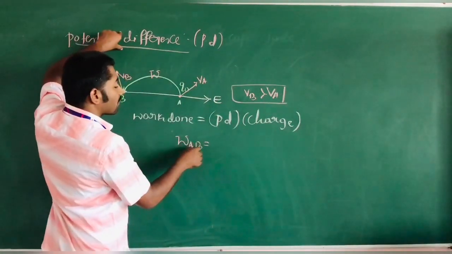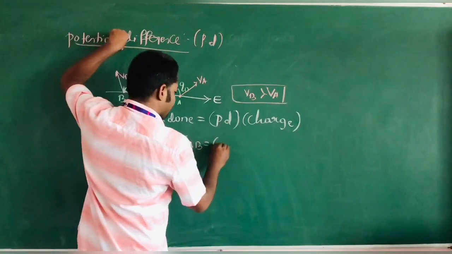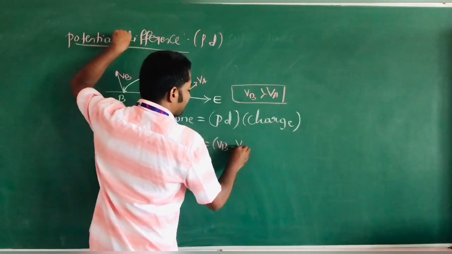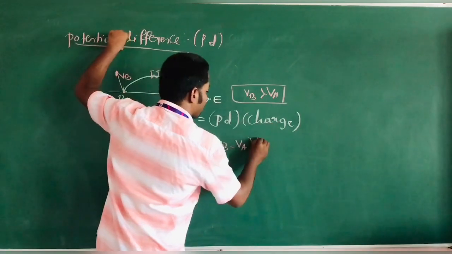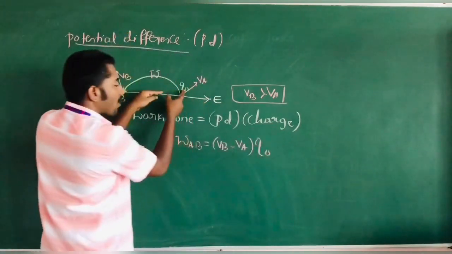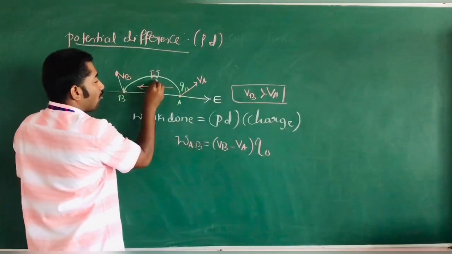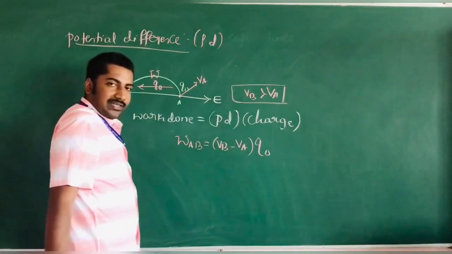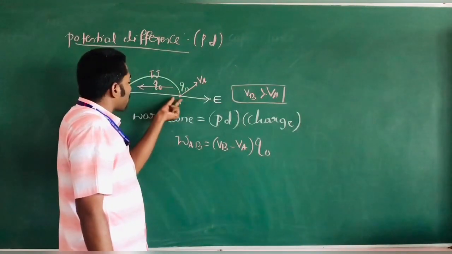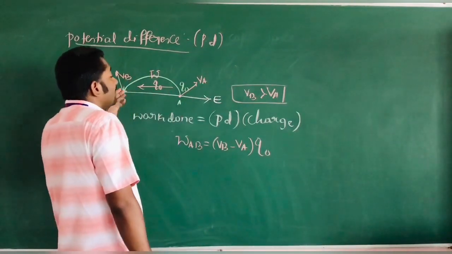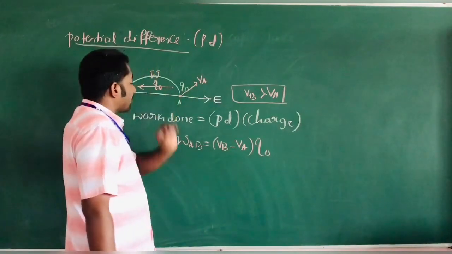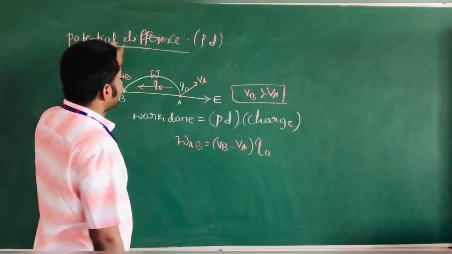Here, the work done from A to B is the potential difference, VB minus VA, times the unit charge Q0, where Q0 is the charge. The amount of work done in bringing a unit positive charge from one point to another against the direction of the electric field is known as the potential difference.